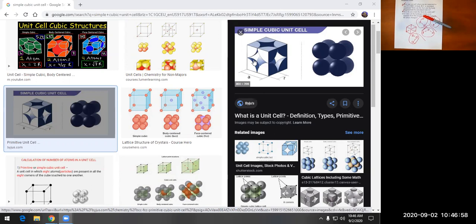In order to know the volume of the cube, you have to have some kind of relationship between the radius of the atom and the edge length of the cube, because the volume of the cube is going to be edge length cubed.